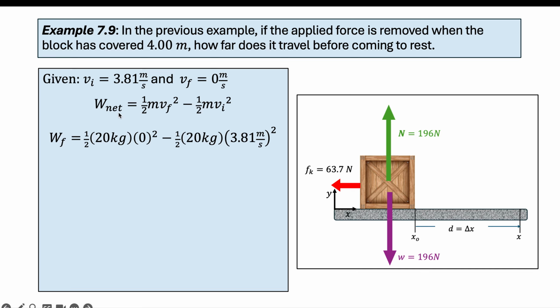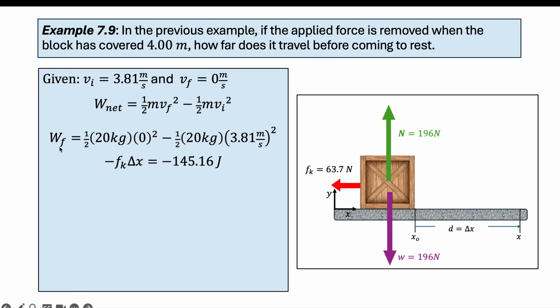If I look at the net work done on the block, the only force in this picture that is doing work is the frictional force. And so the work done by friction has to equal the final kinetic energy, which is 0 since the final speed is 0, minus the initial kinetic energy, which is 1/2 the mass times the speed that it had initially squared.